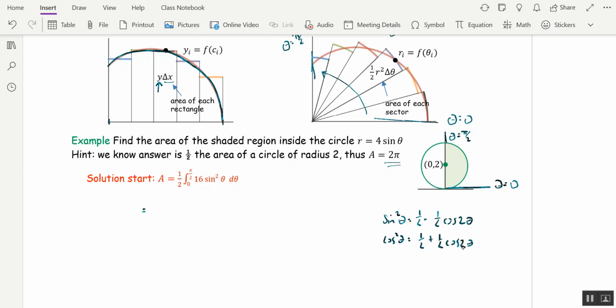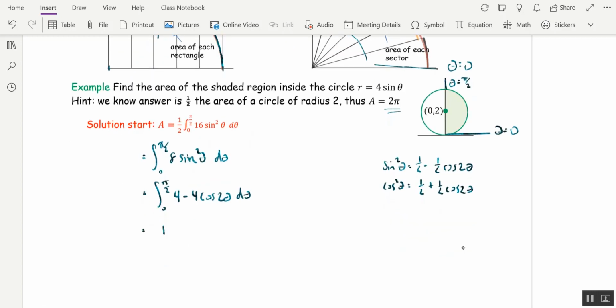Okay, so this is the integral. First, let me combine the 1/2 and the 16. I've got the integral from 0 to pi over 2 of 8 sine squared theta d theta. And if I use the half angle, that's the integral from 0 to pi over 2 of 4 minus 4 cos 2 theta d theta.